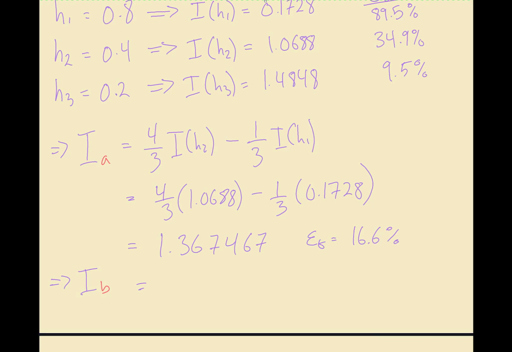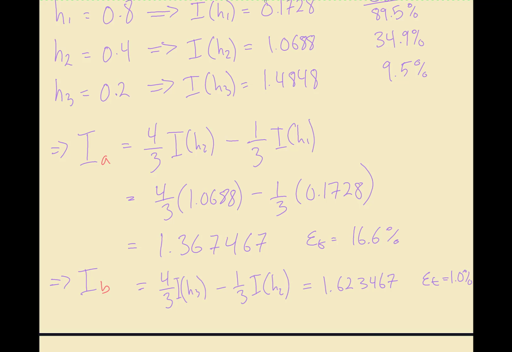So we're going to do again 4/3 IH3 minus 1/3 IH2. You plug in the numbers, you do the math, you get 1.623467. Relative error, 1%.